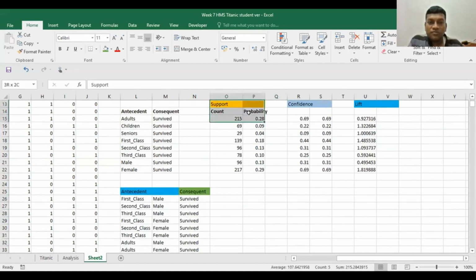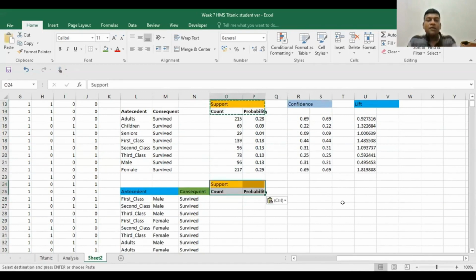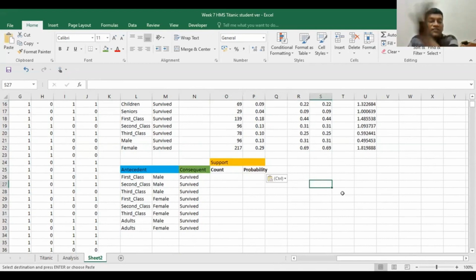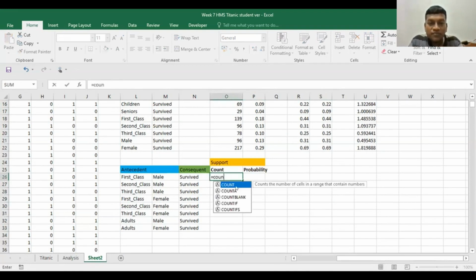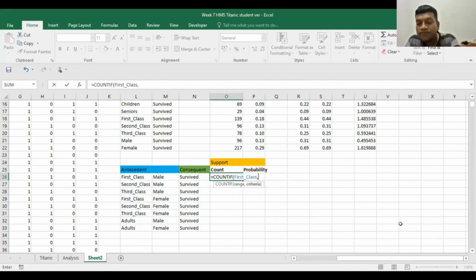Okay, Control C, Control V. So what is the probability that it is first class and male count? Again, it is a count of, first criteria, it should be first class. So first class, name range, and the criteria is 1.